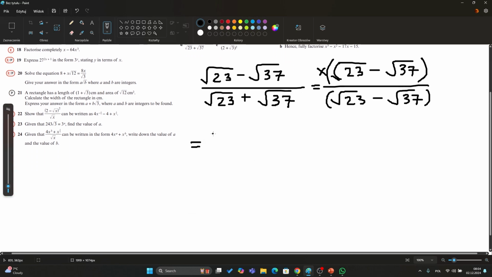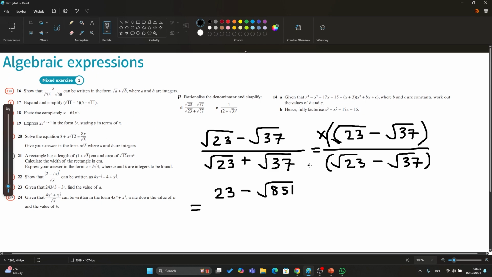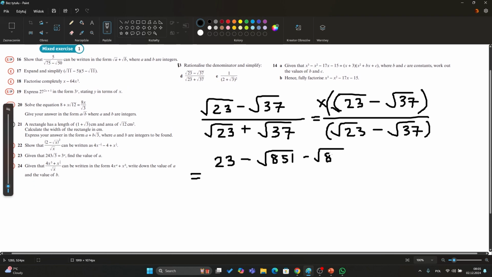And this will be 23, so that's 23 times minus root 37 is root 37 times 23, which is minus 851, and again minus 851, and plus 37 times 37, which is 37. And now we have 23 minus 37.